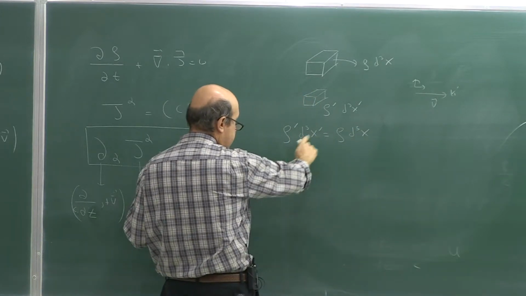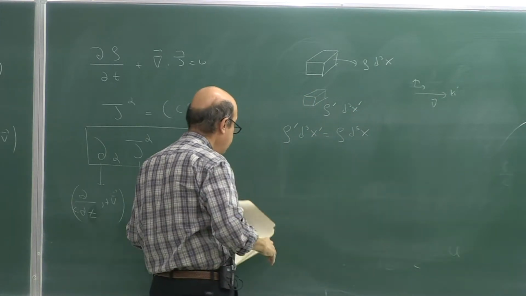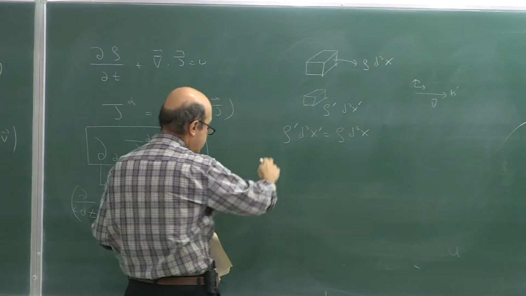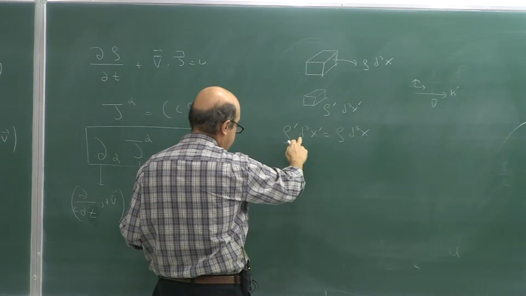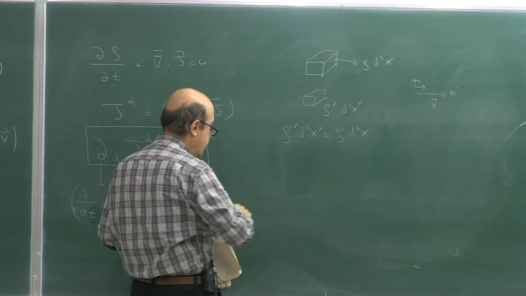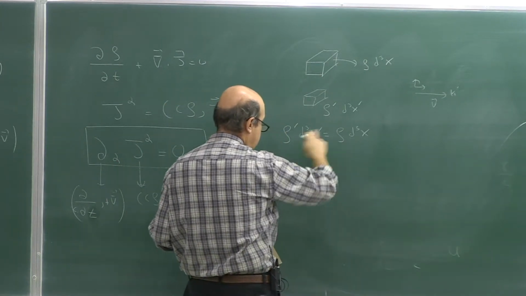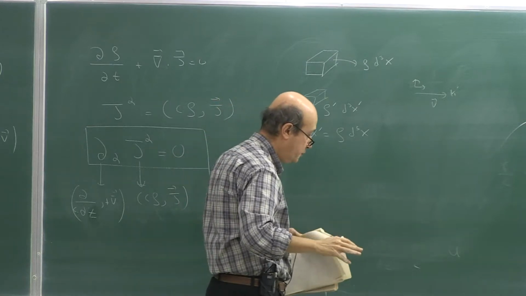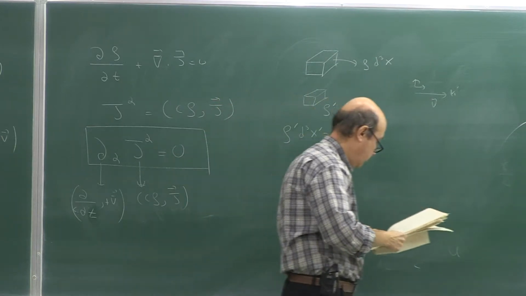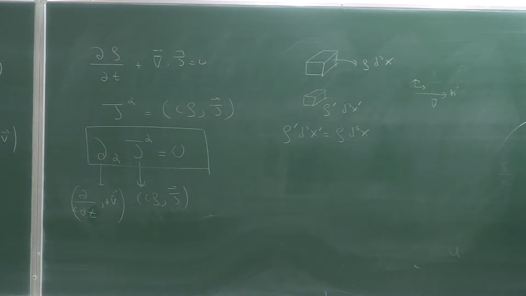So one is seen in one inertial frame, in a Lorentz frame. You are seeing that the charge density is changed, but the volume element is changed. And in the other frame, you are seeing that the charge density is rho and the volume element is d cube x, but the total charge is conserved. But actually, this is for 3 dimensions.